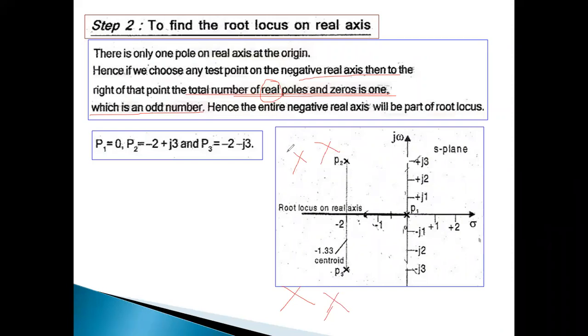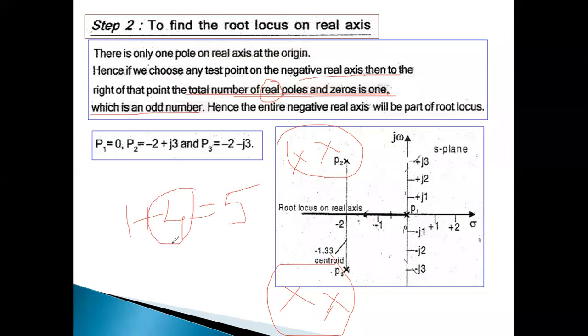Being symmetrical about the real axis, these automatically cancel. That's why they considered only the real poles. Even if we consider the complex poles and zeros, you will get the same result, because adding an even number to an odd number gives an odd number. Since these complex poles and zeros are symmetrical about the real axis, I have considered the total number of poles and zeros, which is an odd number.